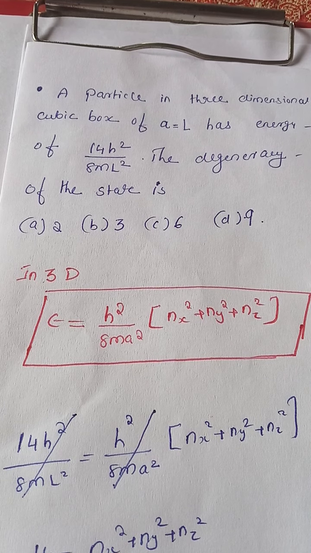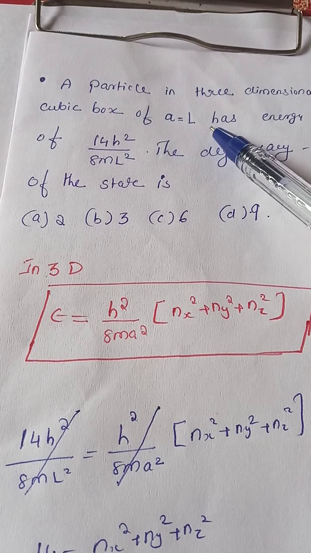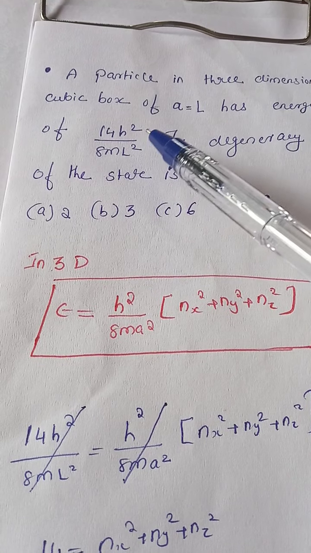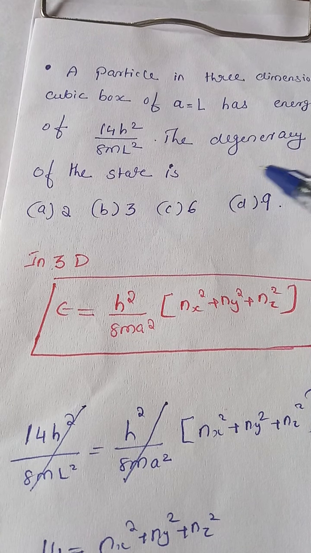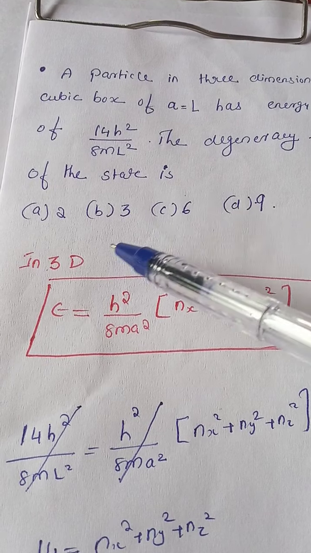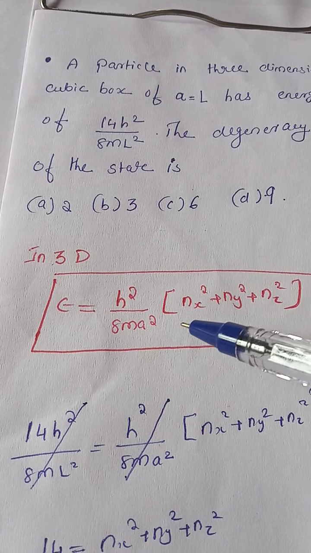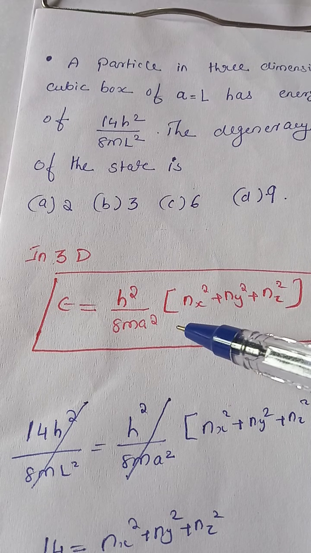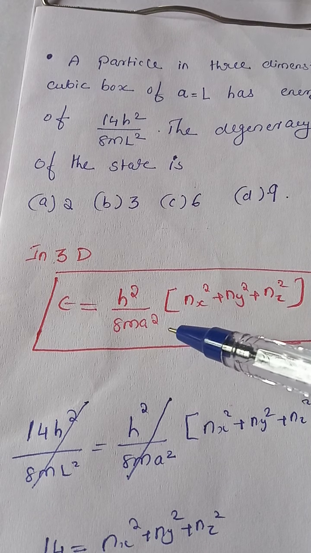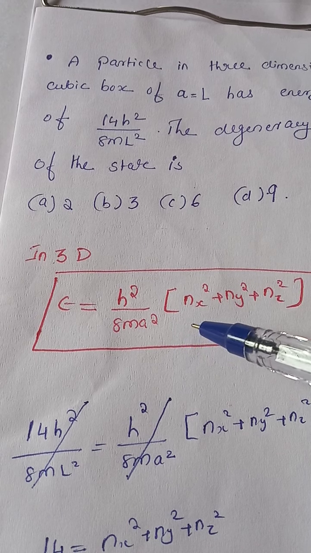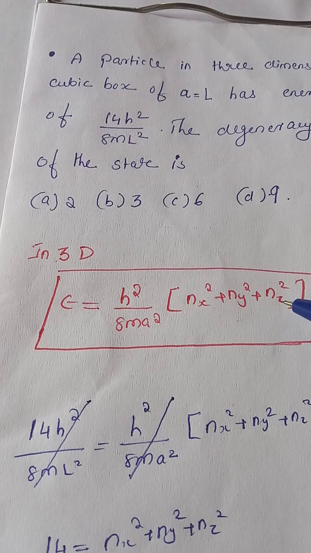Next question: a particle in a 3-dimensional cubic box of a equal to L has energy of 14h square by 8mL square. The degeneracy of the state is, and the options are given. In the case of a 3-dimensional cubic box, we have the energy equation h square by 8ma square into nx square plus ny square plus nz square.